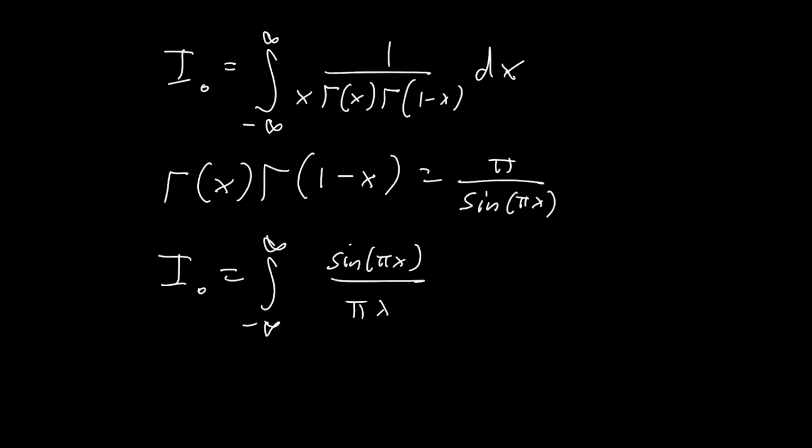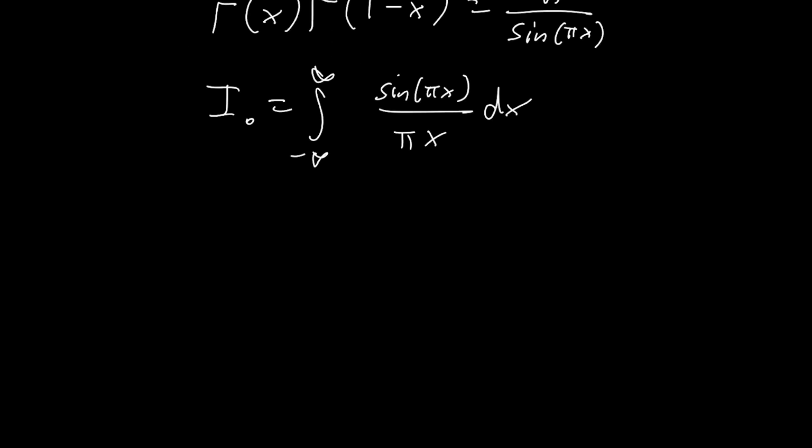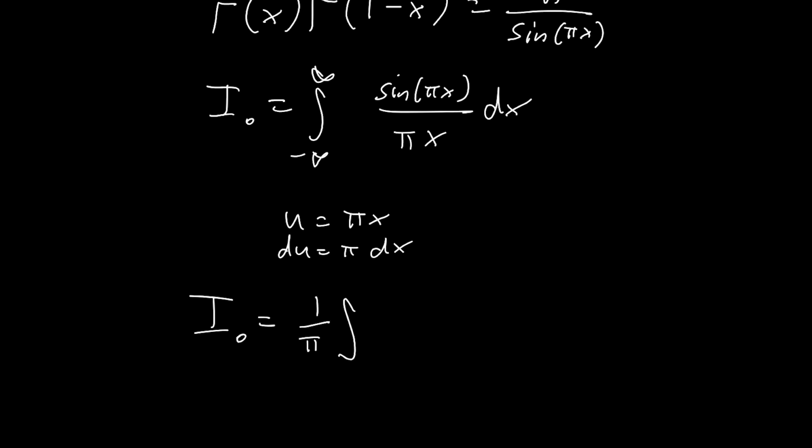Okay, so now we have I of 0 equals the integral from negative infinity to infinity of sine pi x over pi x dx. And now we can do a u substitution for pi x. So say u equals pi x, du equals pi dx. So I of 0 equals 1 over pi times the integral between negative infinity and infinity of sine u over u.